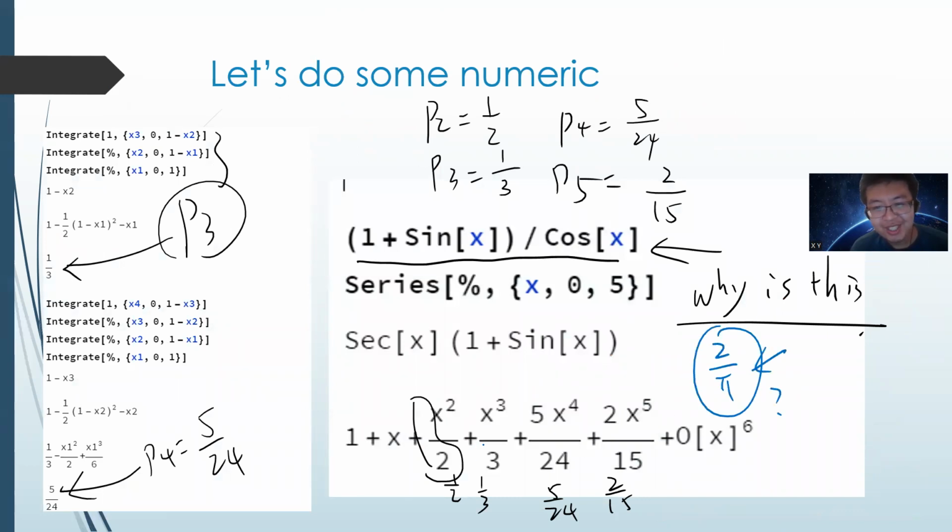I mean, it looks like maybe some of them look smaller, right? It's 0.5, 0.33, and I think 5 divided by 24 is also smaller. Yeah, it looks like it keeps going down.